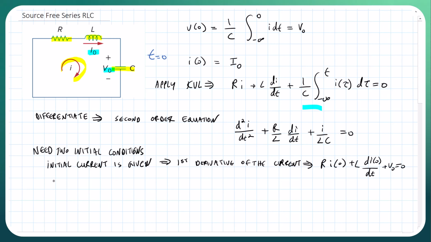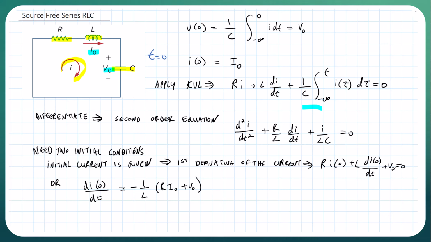Or you can rewrite this as di(0)/dt is equal to 1 over L times negative R I naught plus V naught. Okay, so we got the initial condition of di over dt defined in this fashion. So we have I naught, and now we also have this.